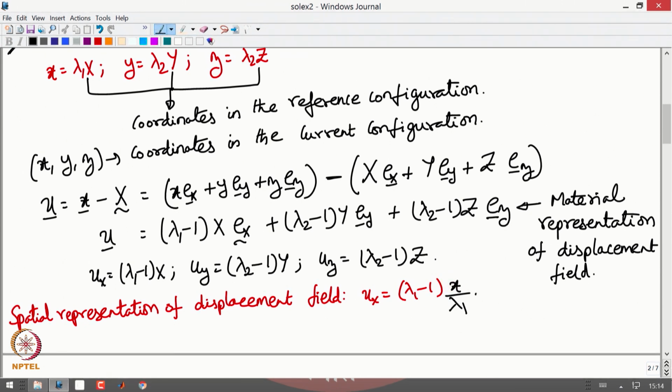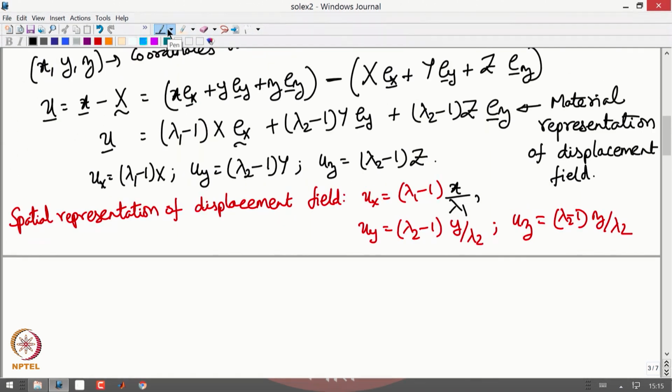Similarly, u y would be lambda 2 minus 1 small y by lambda 2, and u z would be lambda 2 minus 1 small z by lambda 2, again coming from the definition of the motion field.